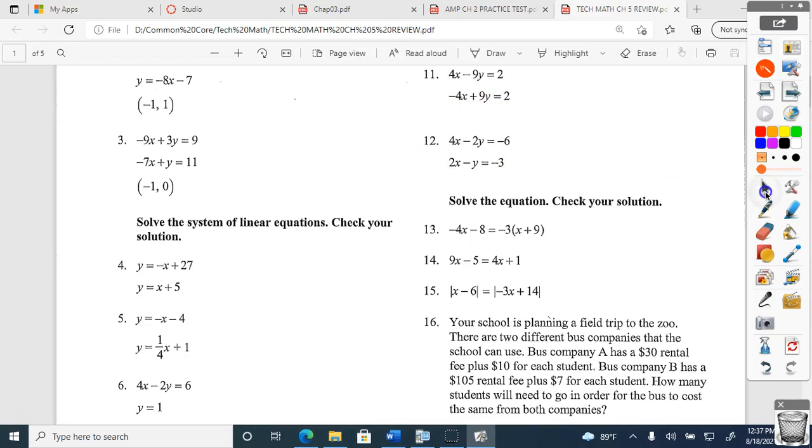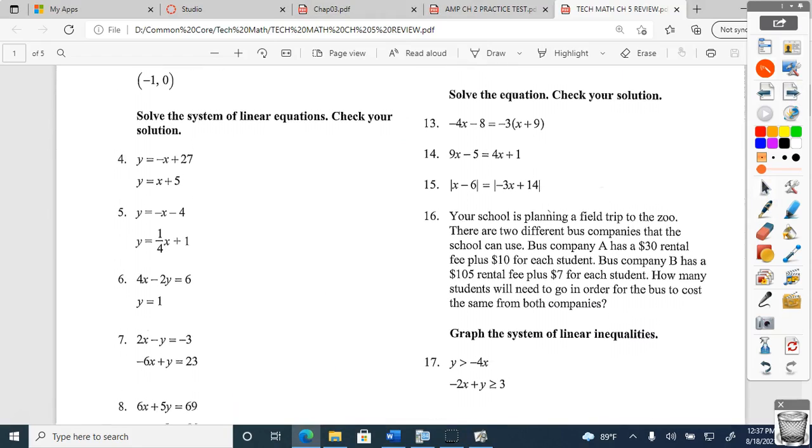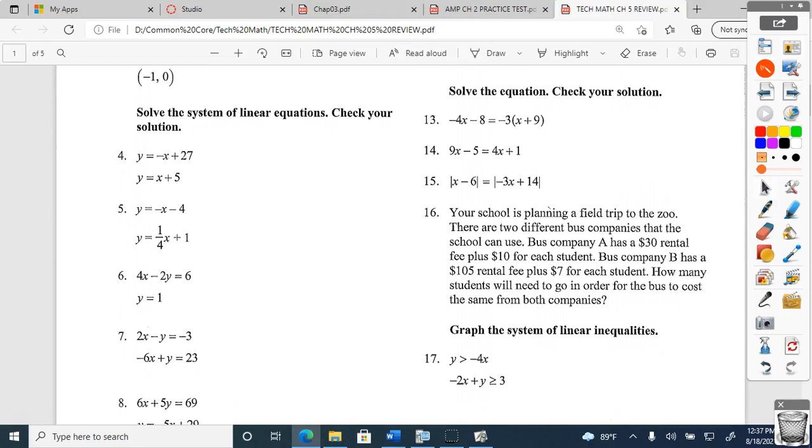13. You will be happy with me because I am going to change these directions just a little bit. It should say solve the equation using your calculator. Because we've done these types of equations before, but I don't know if you've ever solved them using your calculator.